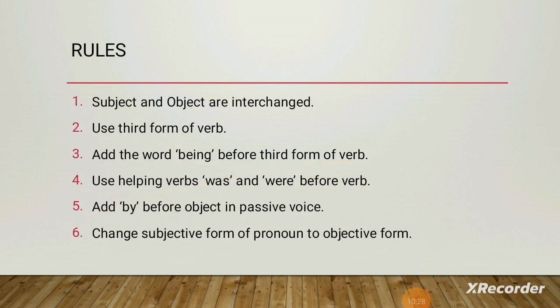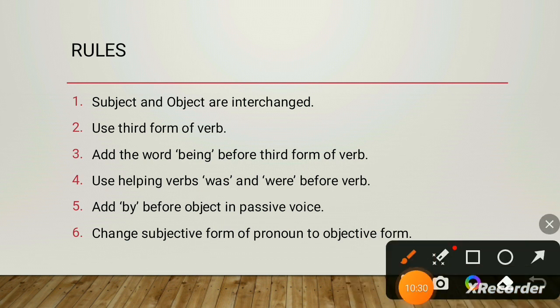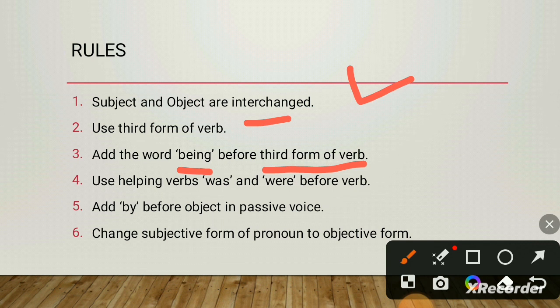So what rules have we followed to change the active voice into passive in past continuous tense? Subject and object are interchanged. The same rule: use the third form of the verb. Add the word being before the third form of the verb. We use the third form of the verb in all passive voice, but in continuous tenses we add another word before the third form of the verb, that is being.